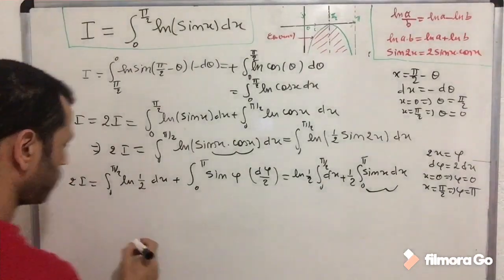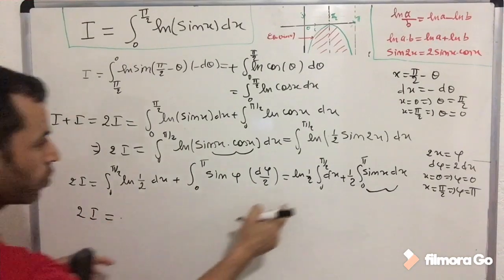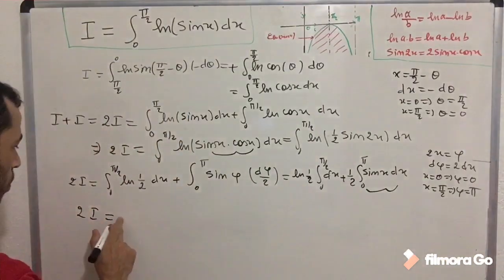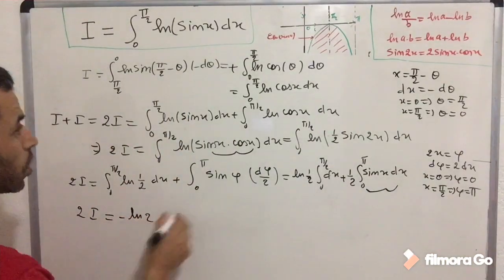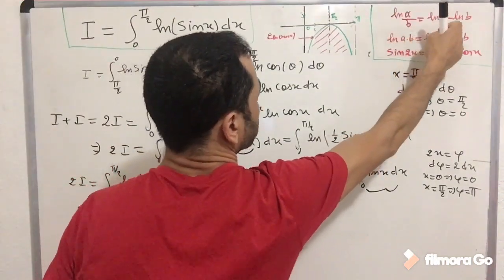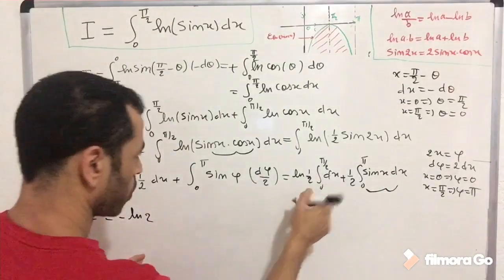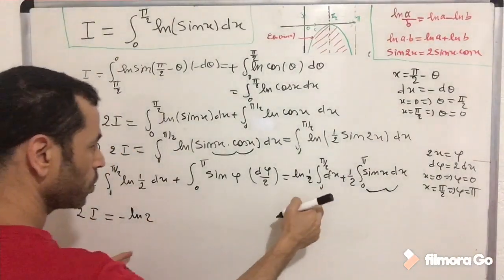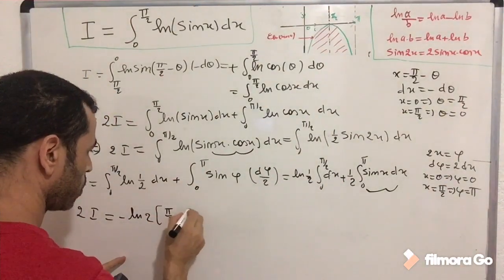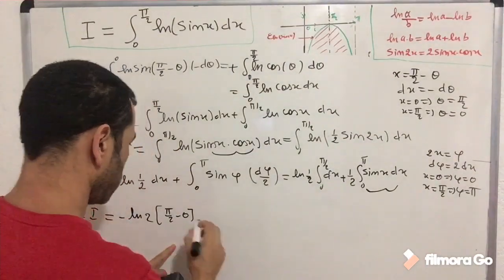So our integral becomes 2I equals natural log 1 over 2, which is natural log 1 minus natural log 2. We are applying again this rule, natural log a over b equals natural log a minus natural log b. Natural log 1 is 0. Don't forget this one is pi over 2. By doing this, it is easier.